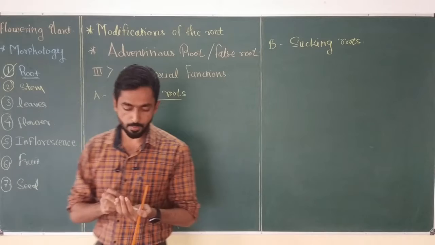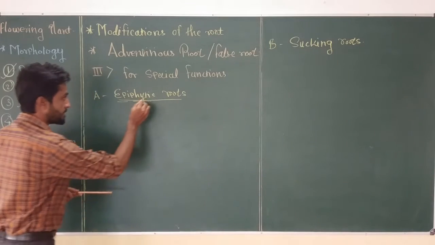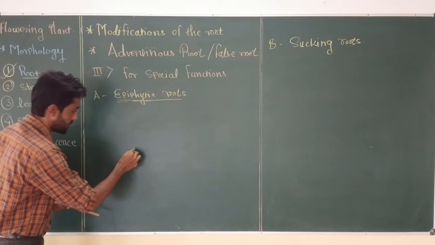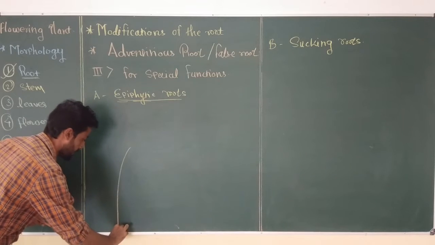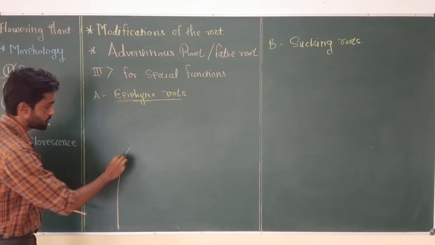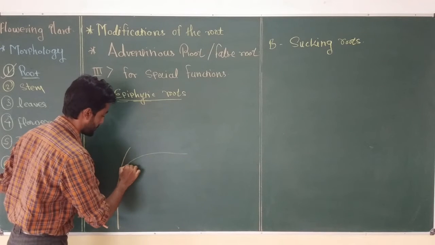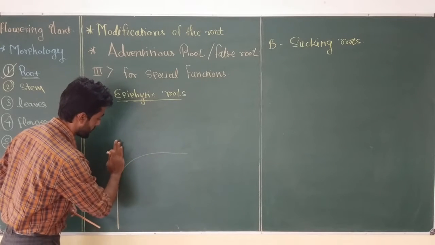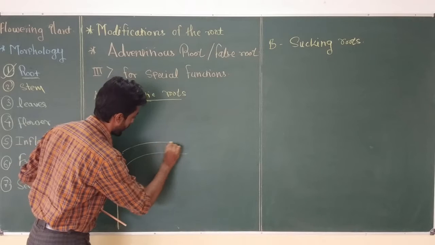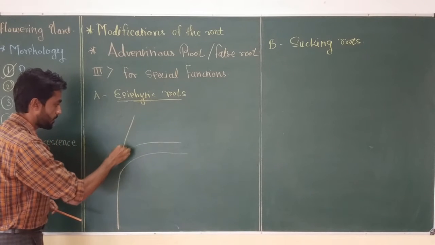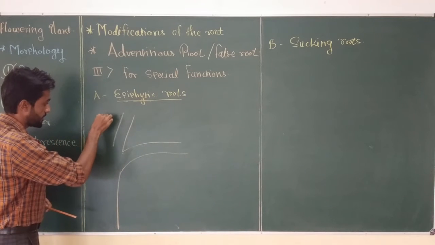Okay, so in the case of an epiphytic plant, how exactly does this type of root develop? Suppose this is the stem of a big tree which is present in an evergreen forest, and now the tree has horizontal branches, a number of horizontal and vertical branches.